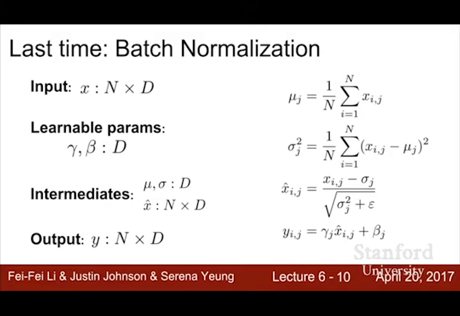In batch normalization, in the forward pass, we use the statistics of the mini batch to compute a mean and a standard deviation, and then use those estimates to normalize our data. And then we also reintroduce these scale and shift parameters to increase the expressivity of the layer. So you might want to refer back to this when working on assignment 2.